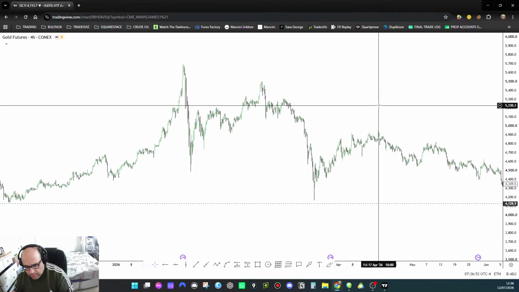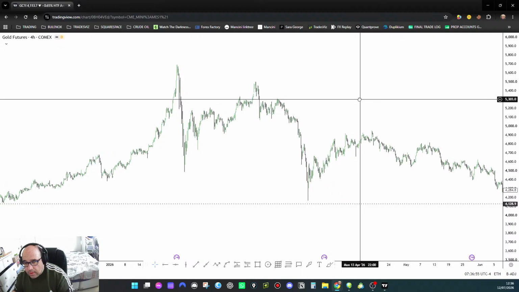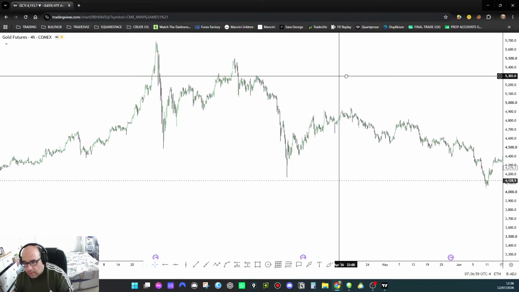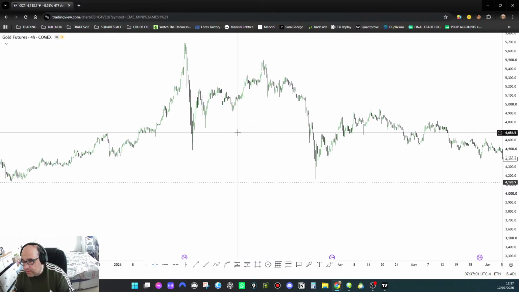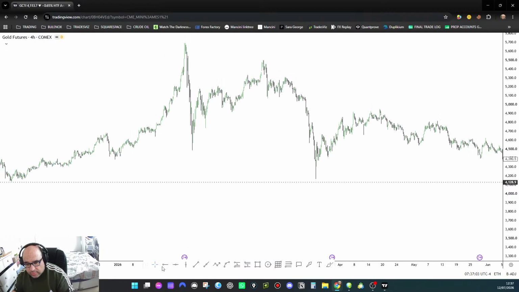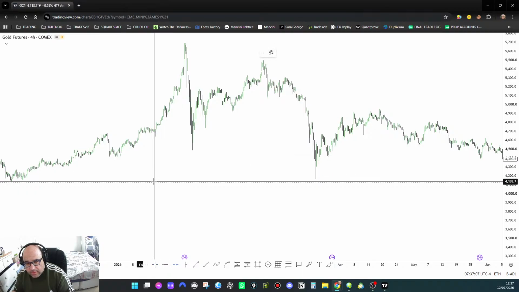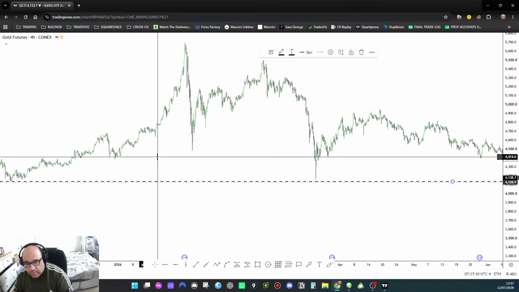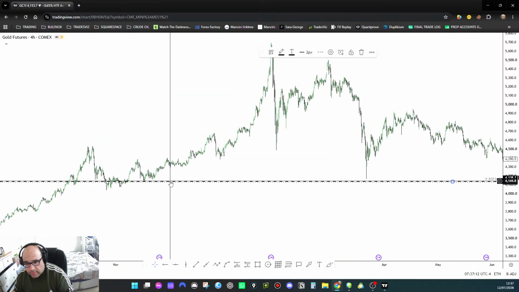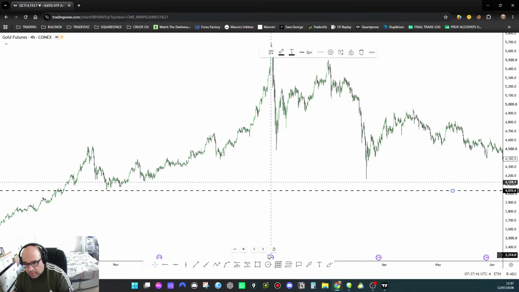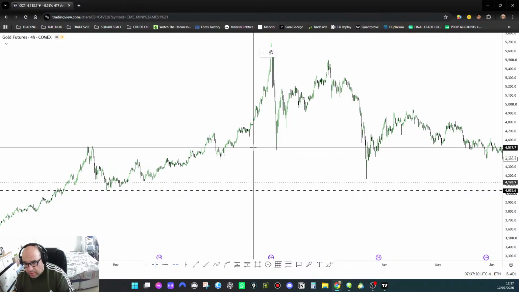If we take a look at the lows, to be honest. There is one low here. No, sorry, that's not there. There is one low here. There is another low.